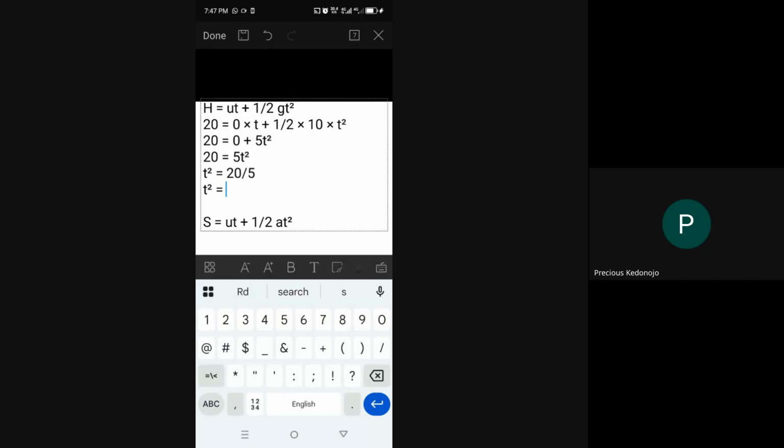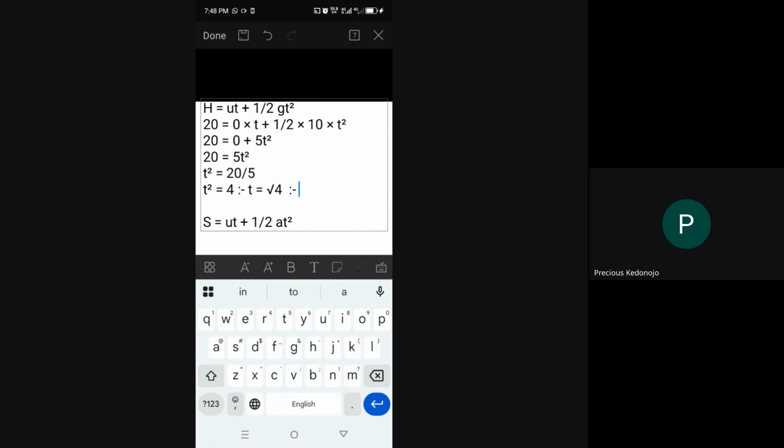You take the square root of both sides, and you will discover that your time t is equal to 2, because the square root of 4 is equal to 2.